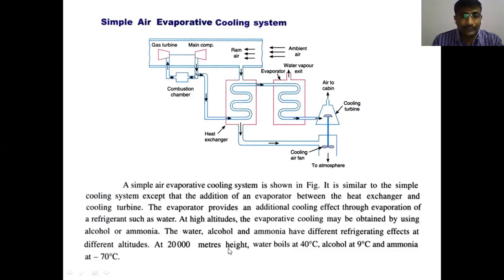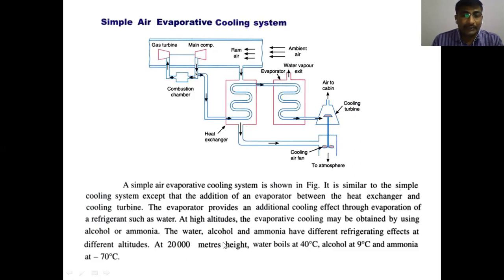At 20,000 meters height, that means at 20 kilometers height, water boils at 40 degrees centigrade. The water boiling point is 40 degrees centigrade at this much height because at a higher altitude, the atmospheric pressure decreases.